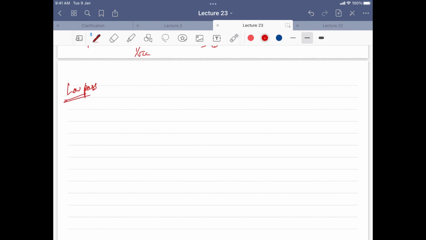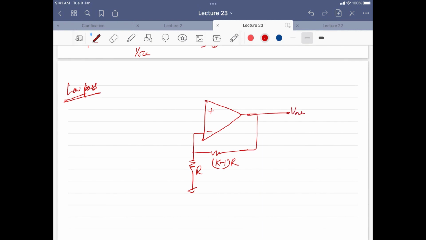So what I am claiming here is that this circuit is a low pass filter. If this is the circuit, I think you can solve this because there is no new concept required here, just nodal analysis and KCL and KVL. You have already solved this so many times in your earlier lectures when we were doing op amps.